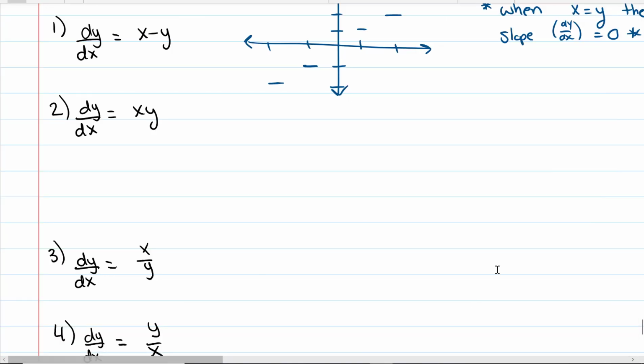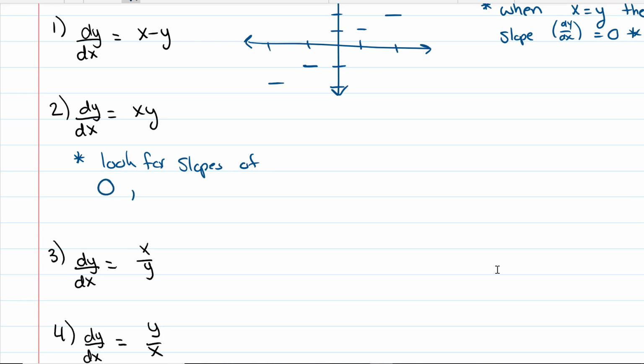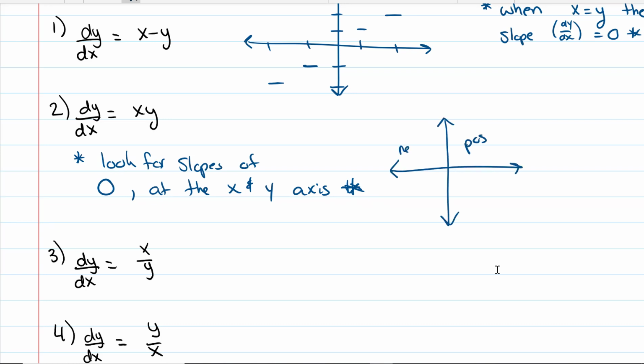So for xy, we want to look for slopes of 0 at the x and y axis.